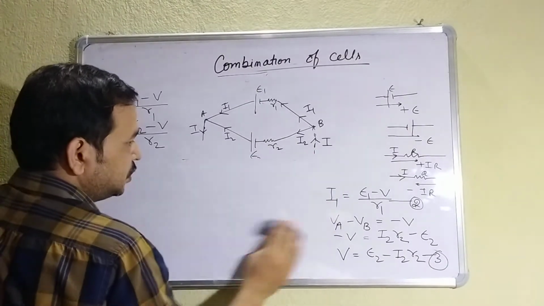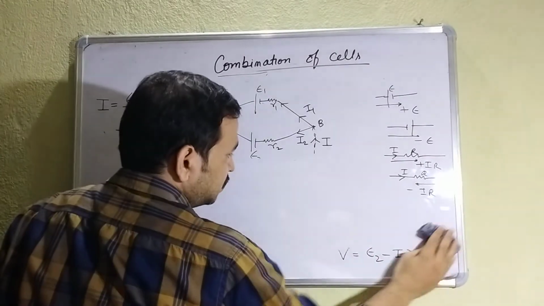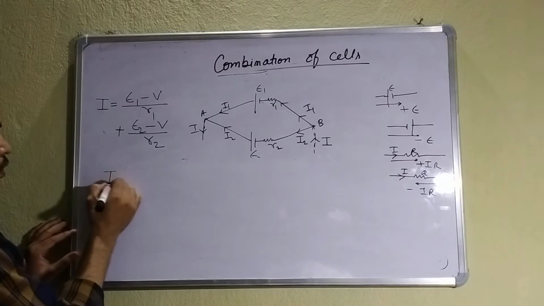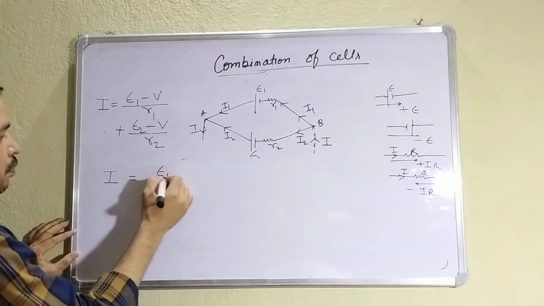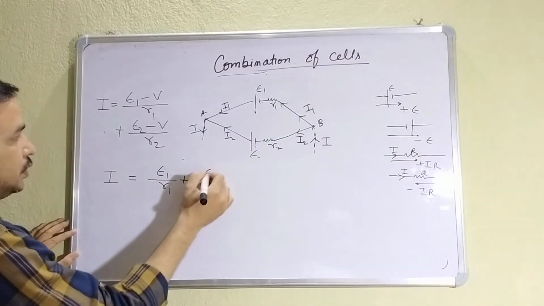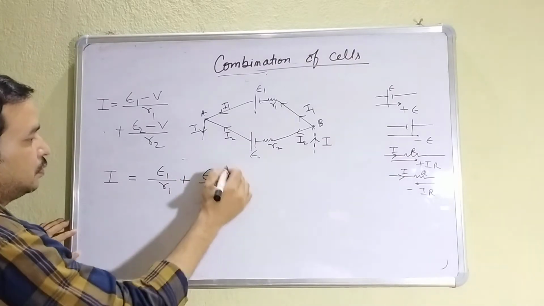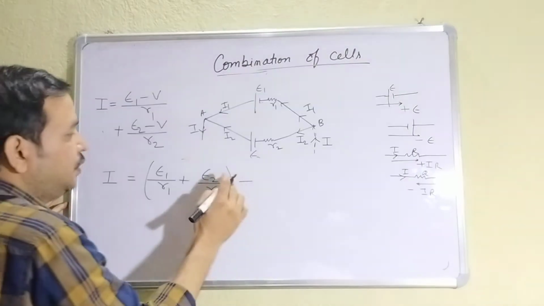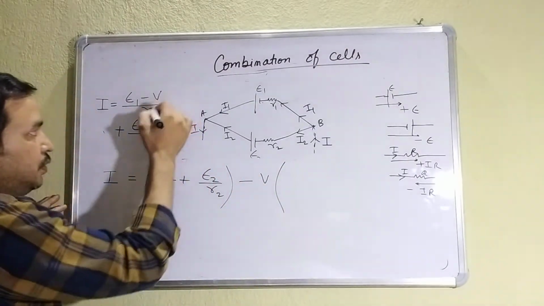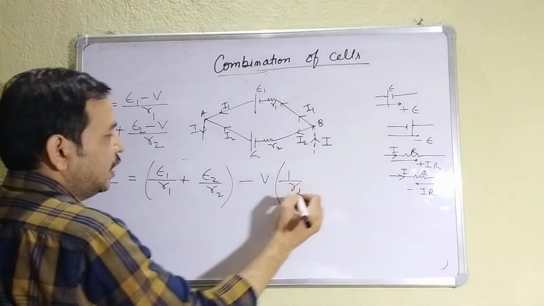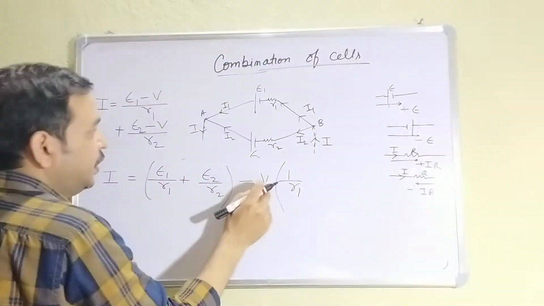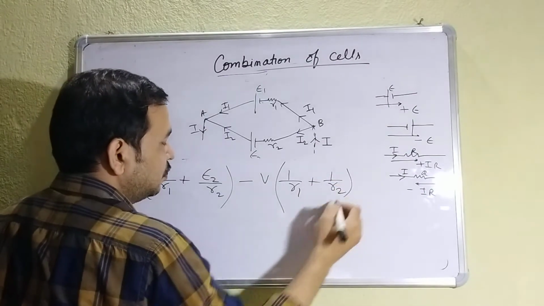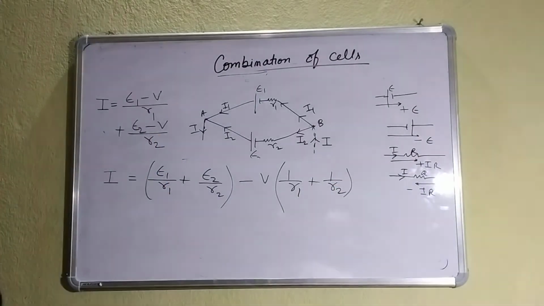Already we have got the equation, so no need to write this one now. So if I take common E1 by R1 plus E2 by R2 and V common, this is V by R1, V I have already taken common. So what will be left here? 1 by R1. Here it is V by R2, minus V already I have taken. So here it will be 1 by R2.